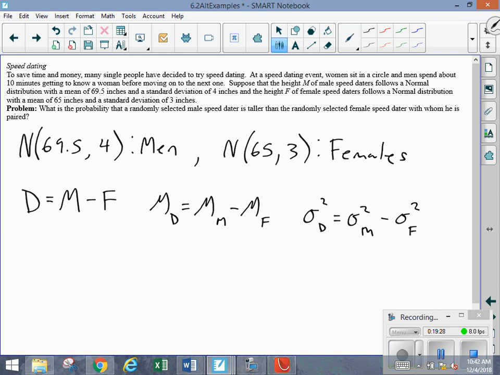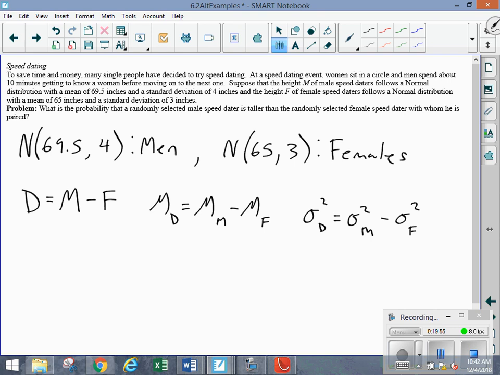If I'm taller than someone, the difference of our heights, my height minus their height, is going to be positive, right? If we're the same height, my height minus their height is going to be 0. So we'd like to know if he's taller.